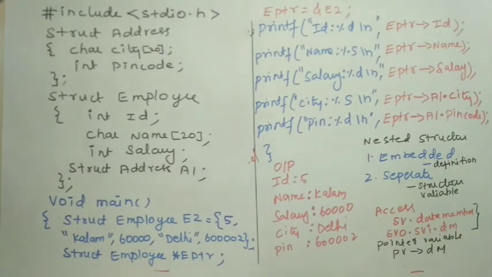If I want to access a data member of the structure which is nested inside, that is the inner structure: pointer variable, arrowhead operator, structure variable of my inner structure, dot data member. I may make use of a combination of the arrowhead operator and the dot operator to access the content of the data members of my inner structures.